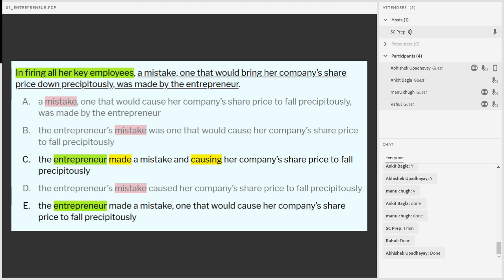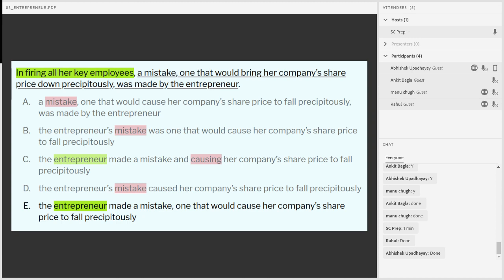It would have created some meaning issues, but at least parallelism would have been respected. Right now, option C is not parallel. So we mark option E. Even though it is one of the longest options over here, and wordy, we actually feel that it's the best option out of the 5.